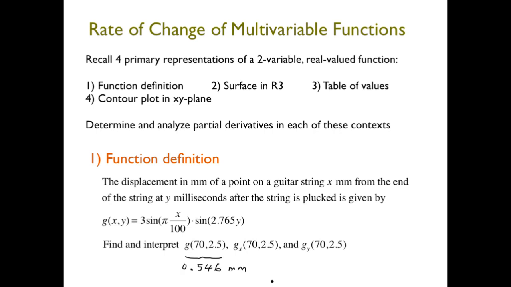Anyone have g sub x yet? Negative 0.033. Okay, what will the units be on that?